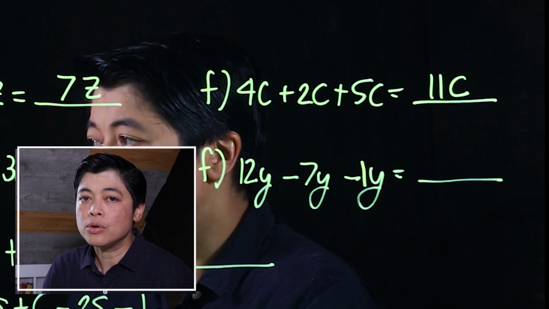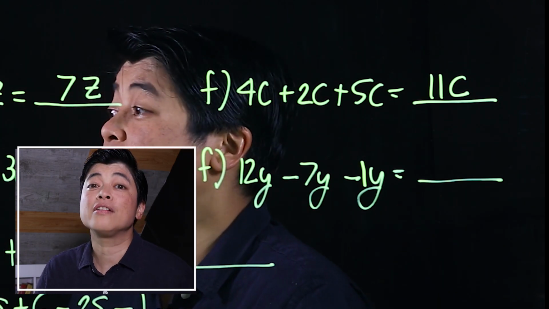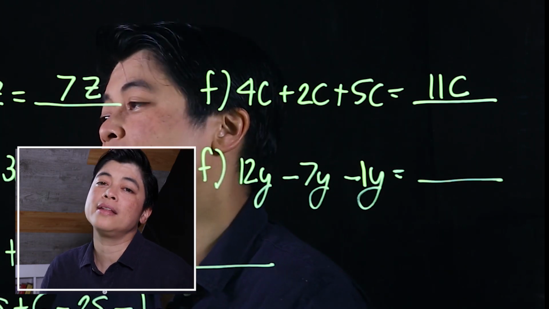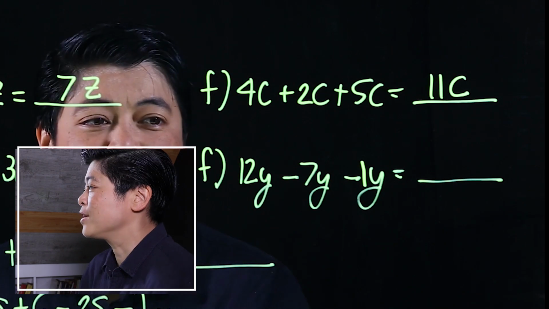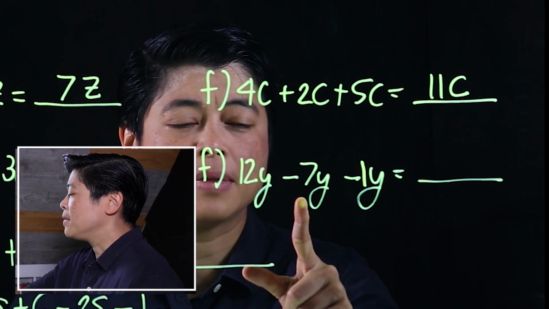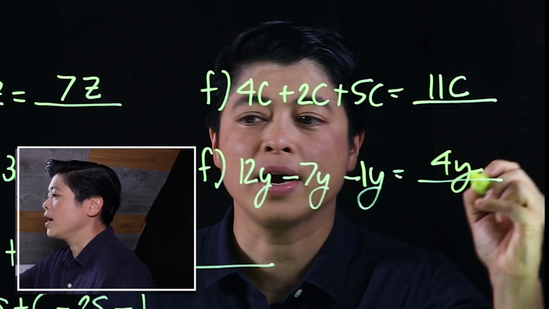But if you're on the careless side and you'll forget to add or subtract 1y, then put the 1. So this right here will be 5 minus 1 is 4, so this is 4y.